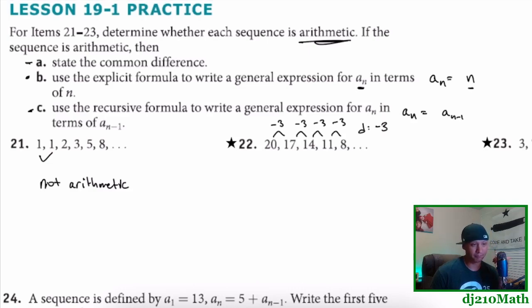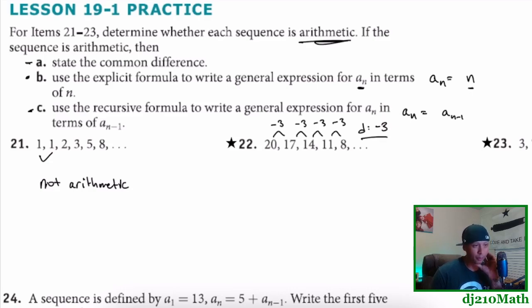So yes, this is arithmetic, and the common difference is -3, which we use the letter little d to denote. All right, so A is good, because we were asked to state the common difference. Boom, there it is.